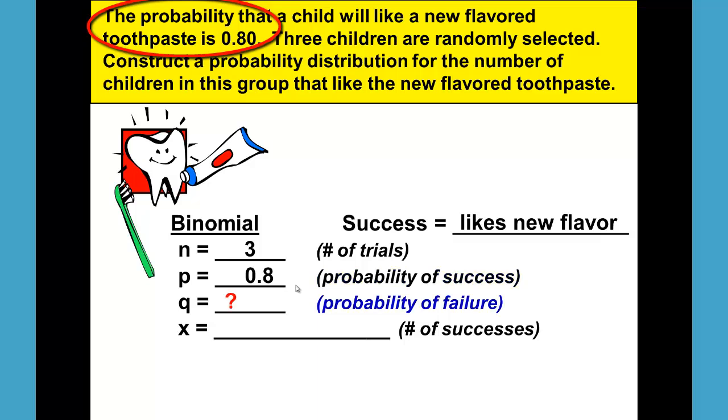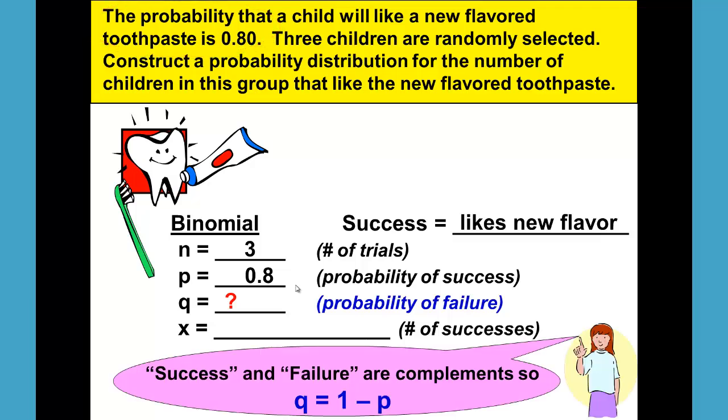And our probability of failure is 1 minus P, which some of our text and instructors use instead of Q. This is only a cosmetic difference and does not make a difference in the calculations. Since 1 minus P is 1 minus 0.8, that gives us 0.2.